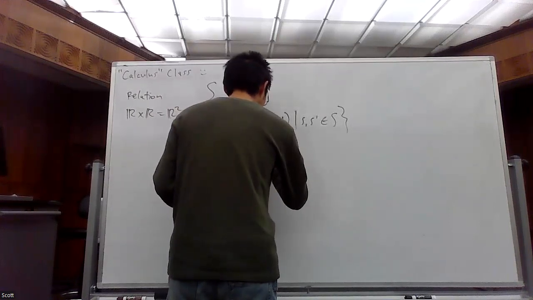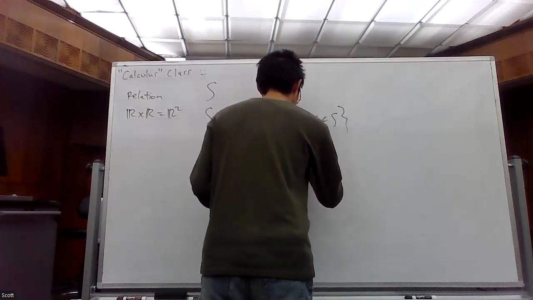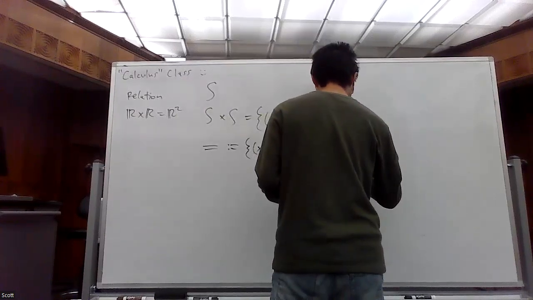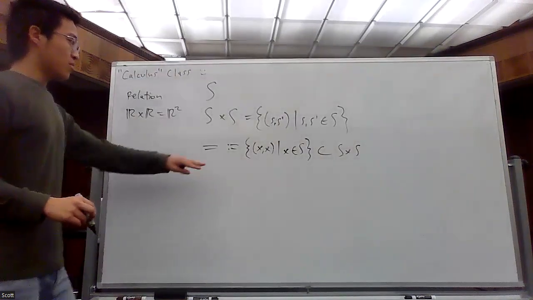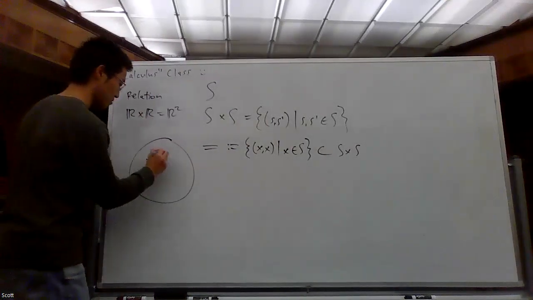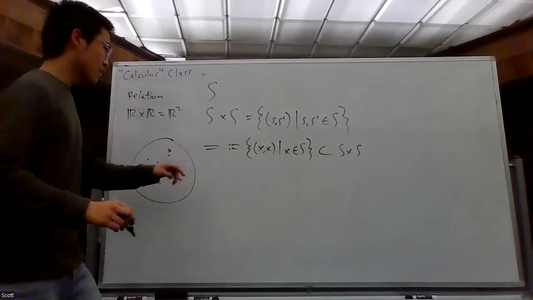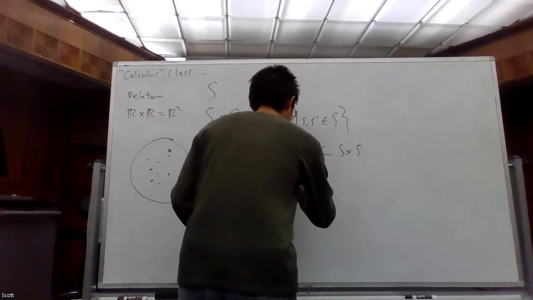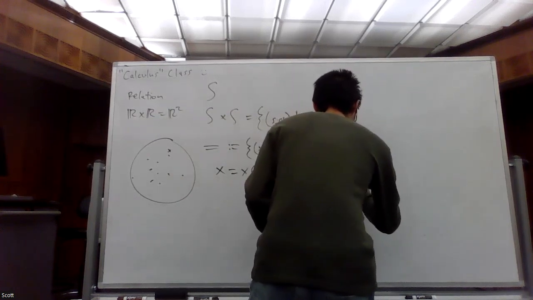It's the subset of the form (x, x) in a set, which is a subset of S cross S. So what this means is if I've got a collection of objects, some element x can only relate to x, if and only if the ordered pair (x, x) is in the set.